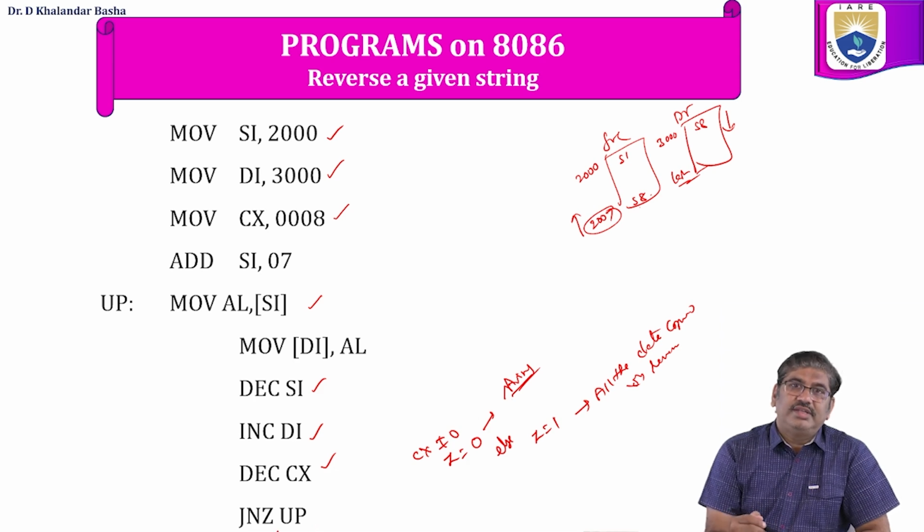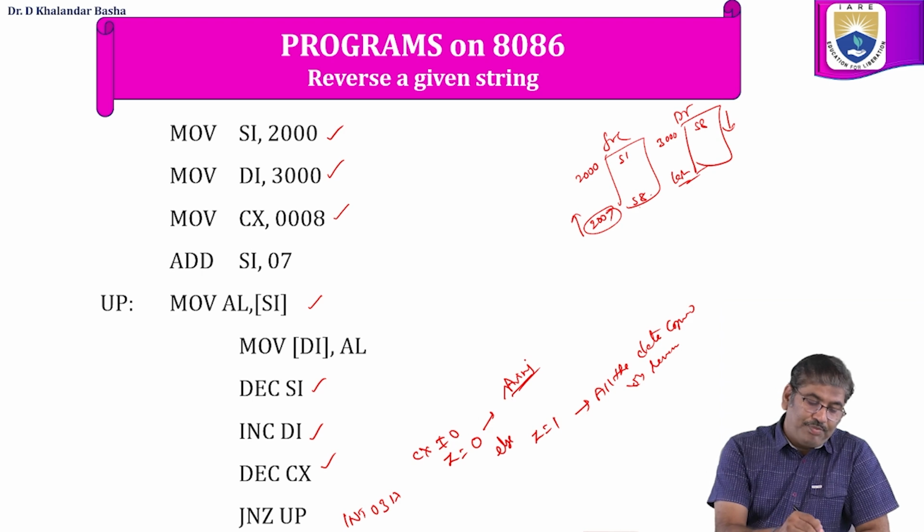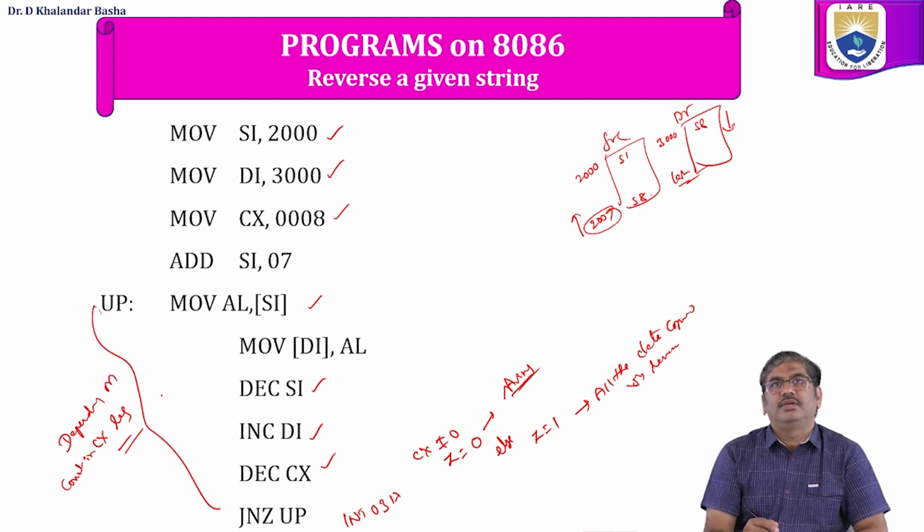Once all the data is copied in the reverse manner, the program is terminated by using INT 03H. So this loop will be executed depending upon the count in the CX register.